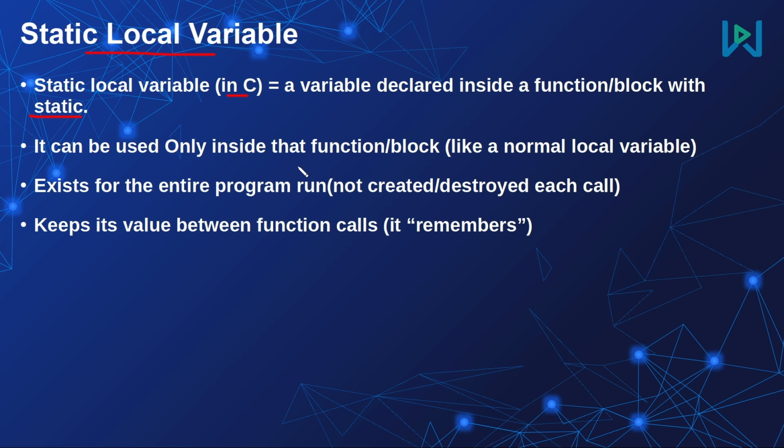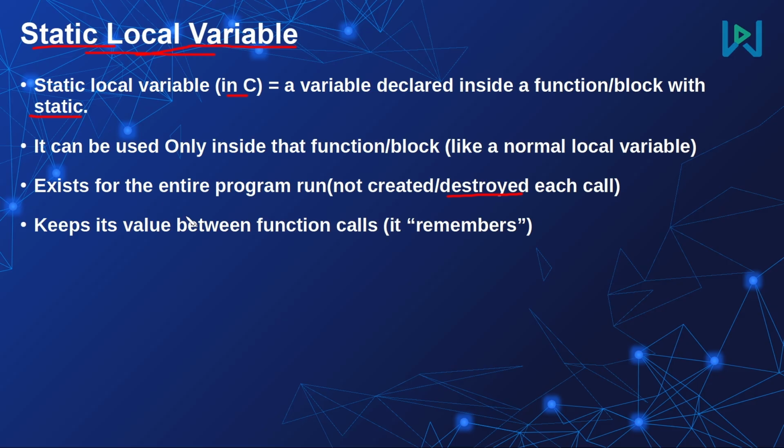However, what is more specific about those static local variables with respect to the standard C local variables is that the lifetime of those static local variables is the entire program, from the start to the end. So they will not be deallocated or destroyed on each call. And this is quite different from the standard C local variables, where the lifetime of those local variables is only the current function call.